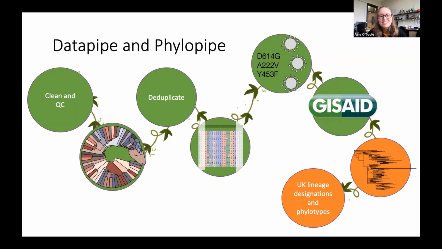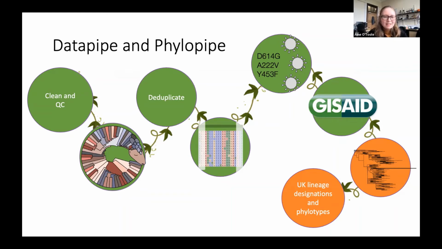We perform lineage typing with Pangolin and classify VOCs and VUIs with Scorpio. We deduplicate, removing sequences that are duplicates by COG-ID, and we flag samples that are longitudinal samples from the same patient. We align and filter by the proportion of ambiguous bases and trim the 5' and 3' ends from the alignment where sequences tend to be less reliable.